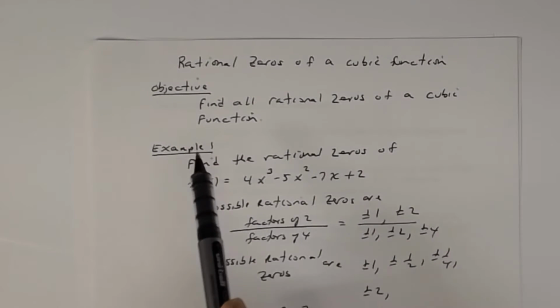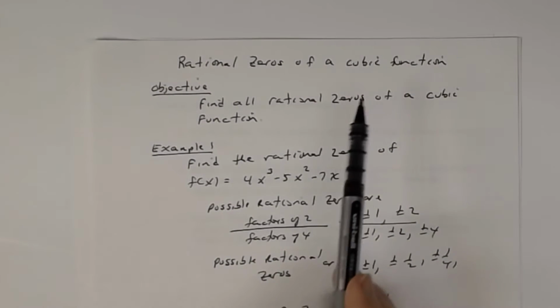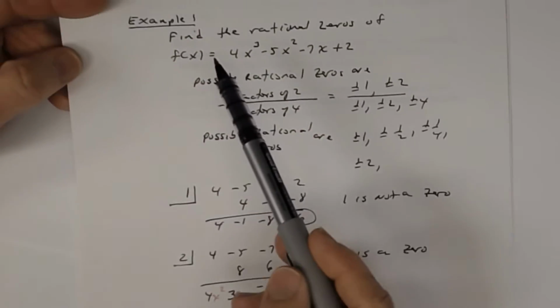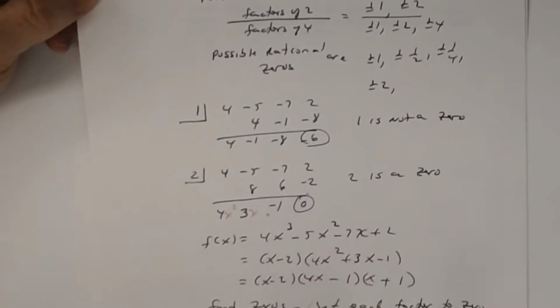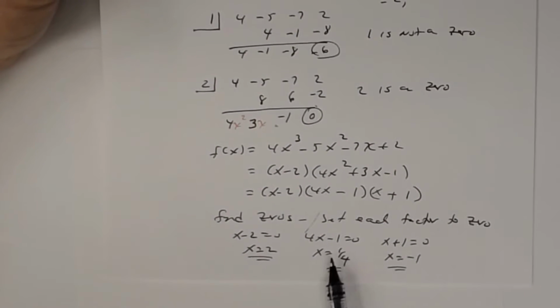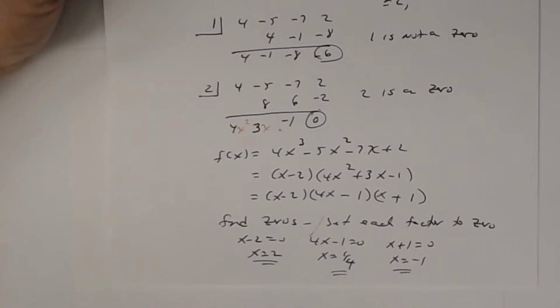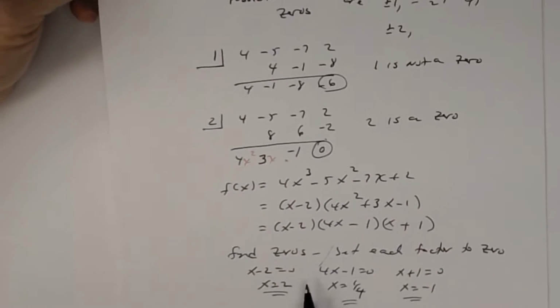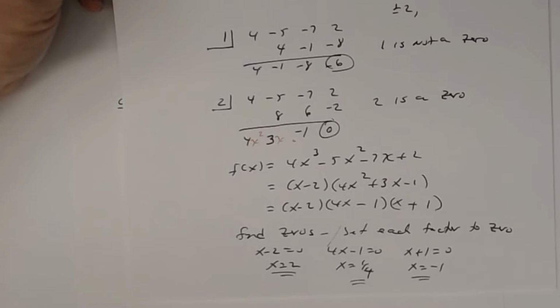In the previous lesson, we found rational zeros of a cubic function. If you recall, when we found the rational zeros, all of our zeros were rational numbers. In every case in that lesson, all of our zeros turned out to be rational numbers.